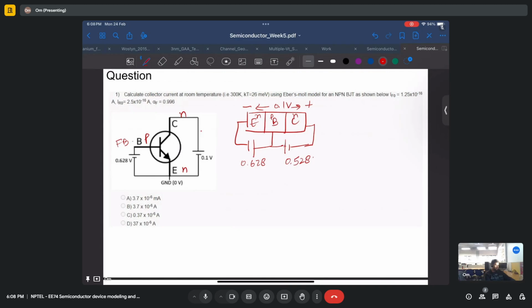So this junction is also forward biased. Okay, so attempt this question, then let's solve it together.